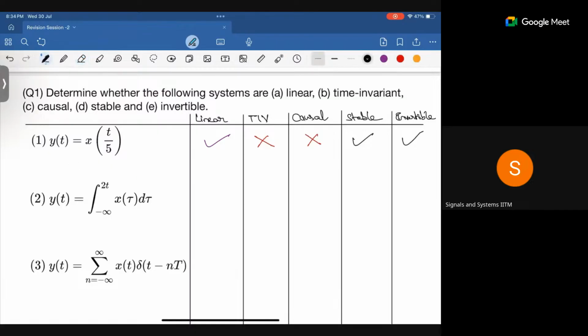This is an integral operator, and the integral limits are from minus infinity to 2t, not t. So be very, very careful about this. Now let us comment on linearity. What do you guys think? Is it linear?